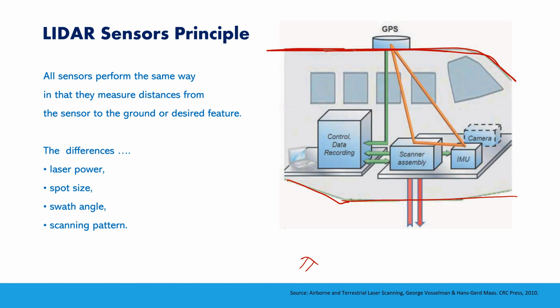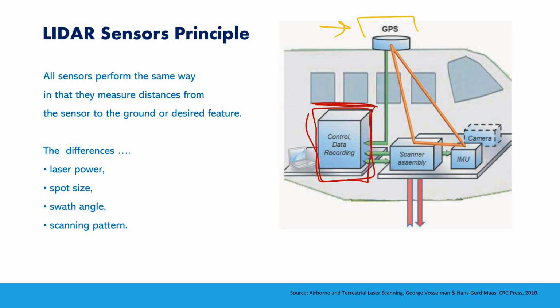As you can see here, this is the body of the aircraft. We have a GPS receiver here. And this is the laser scanning system. Here we have a control unit for recording the data, guys, as you can see here.